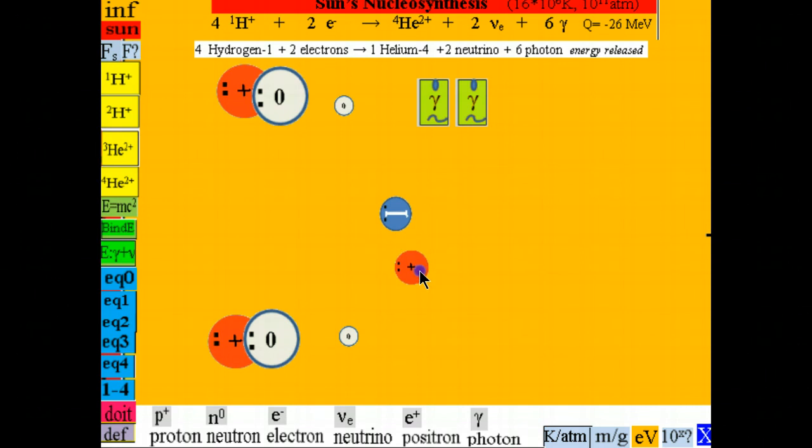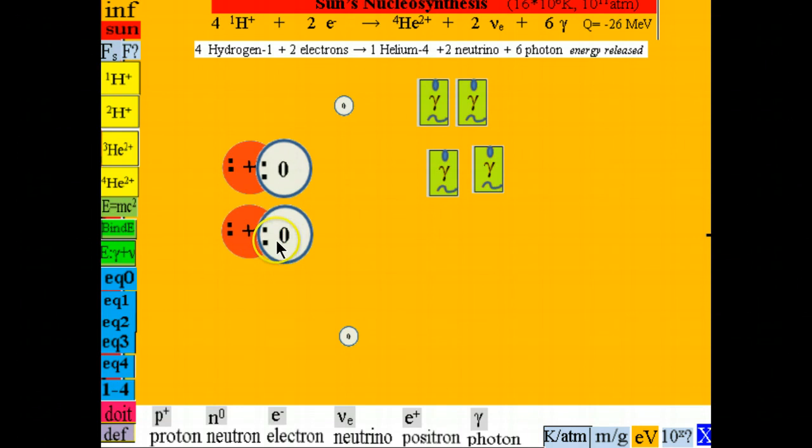Now let's do this annihilation again. Annihilation of a positron and an electron. We crash them into each other and they transform themselves into two photons.